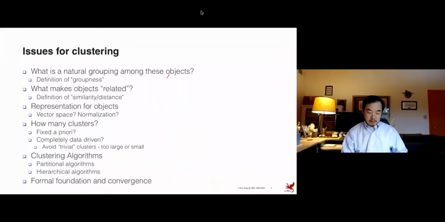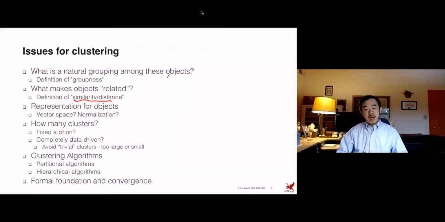We're also going to study the mathematical formula behind the notion of similarity and dissimilarity, to make sure that two people, when they see the same data set, will reach the same conclusion in terms of distances and similarities between them. That's why a mathematical formula is going to be very important. And then the representation of objects will also be very important.